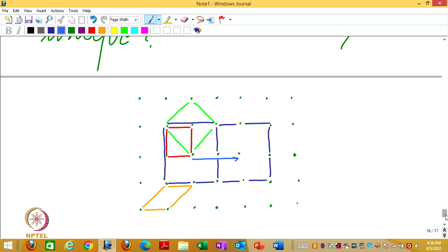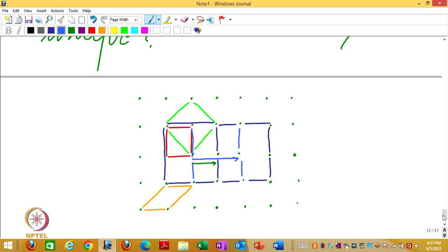If I shift this bigger unit cell by this, there is a smaller lattice translation also in that same direction. If I had shifted only by this, then obviously there will be an overlap.